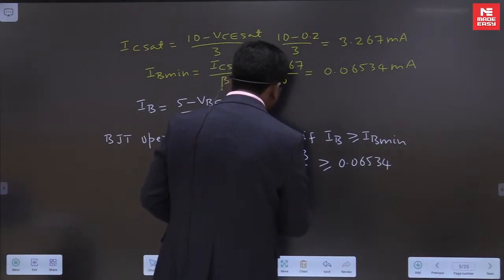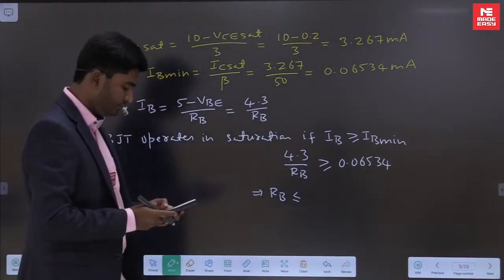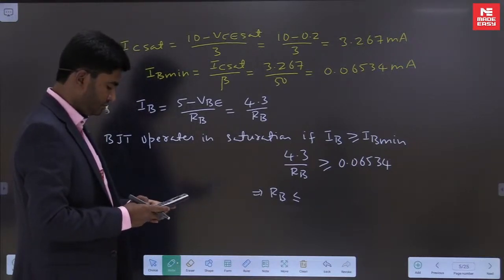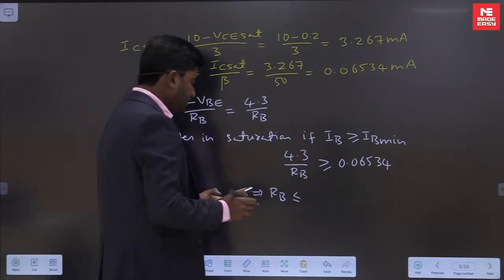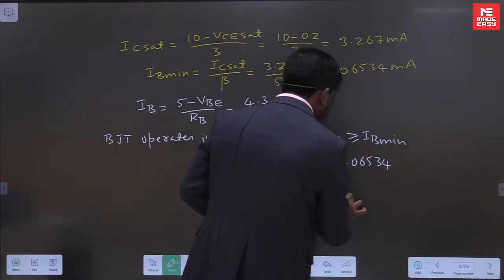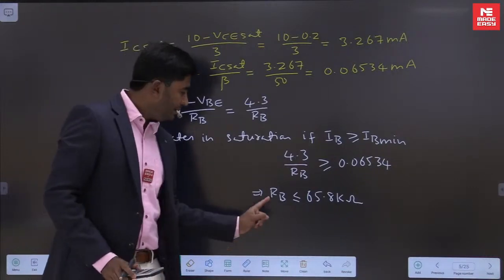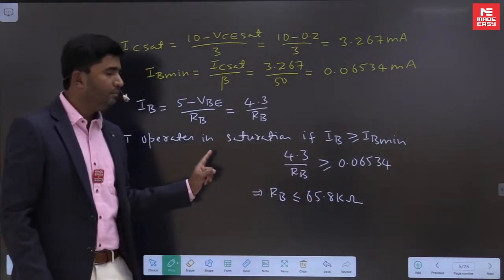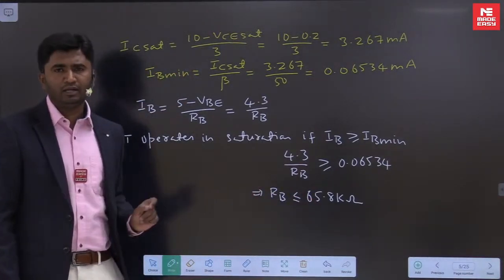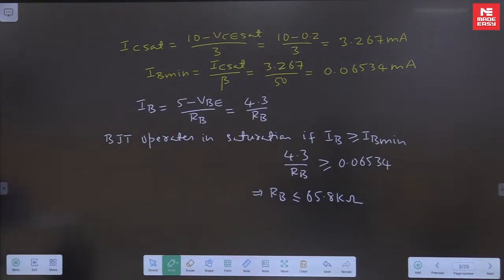So from here I will get RB less than or equal to 65.8 kilo ohms. When RB is less than or equal to this much, then the BJT will be operating in saturation. I think that will help you in deciding which option is correct.